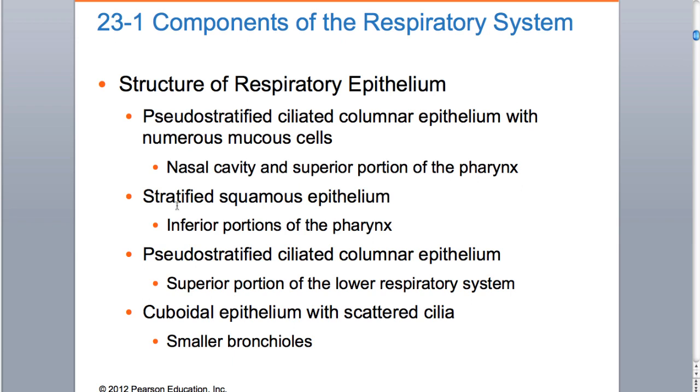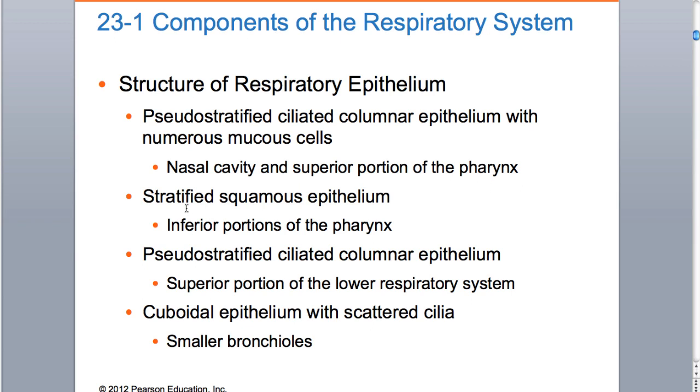Next slide. This slide is the one that you want to write down so you have an idea of the type of epithelium throughout the tract. Now again, remember the rule. Changing in the structure probably relates to changing in the function as well. So as you can see, we start off with pseudostratified in the nasal and the upper portion.